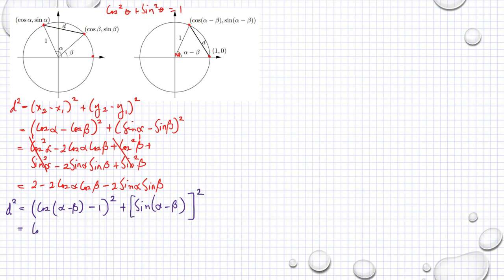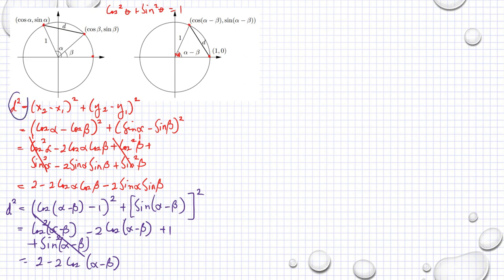Expanding, we have cosine squared of alpha minus beta minus 2 cosine of alpha minus beta plus 1, plus sine squared of alpha minus beta. And these become 1. Then we have 2 minus 2 cosine of alpha minus beta.